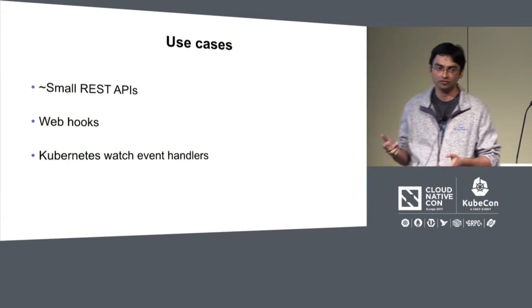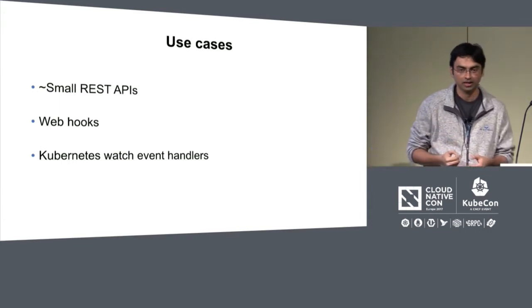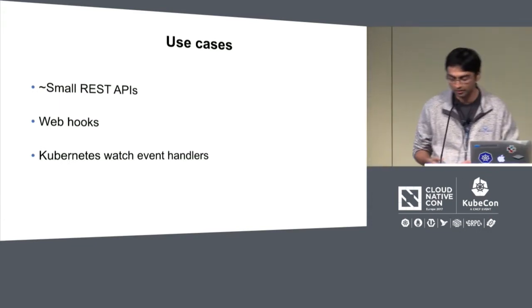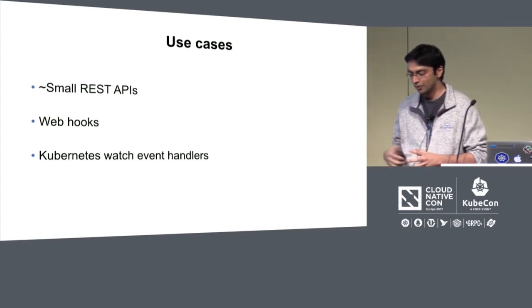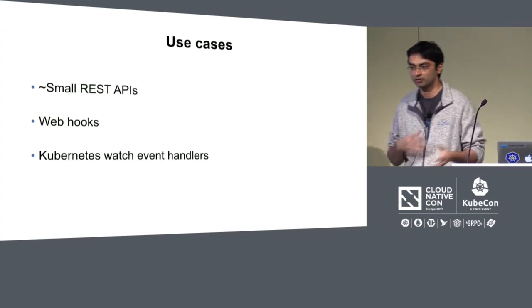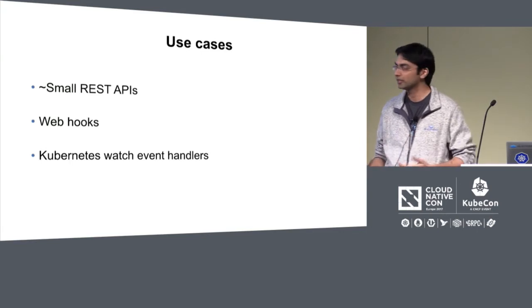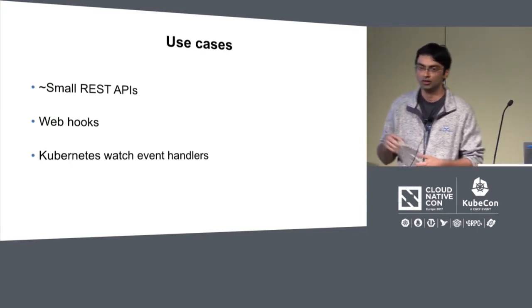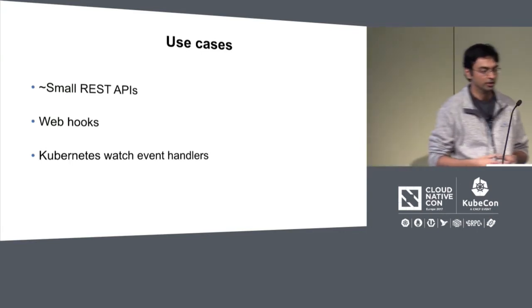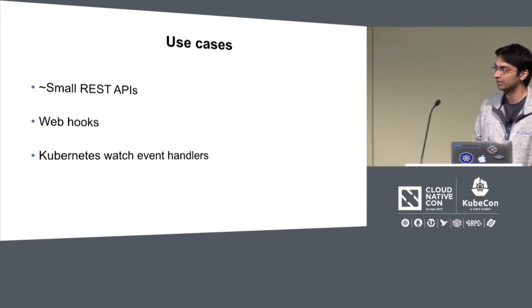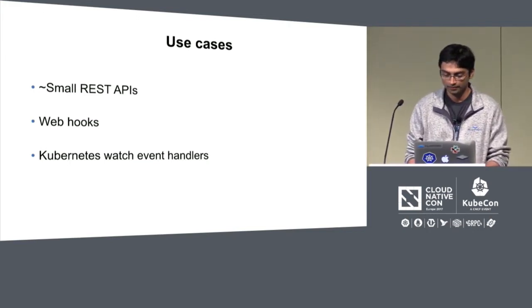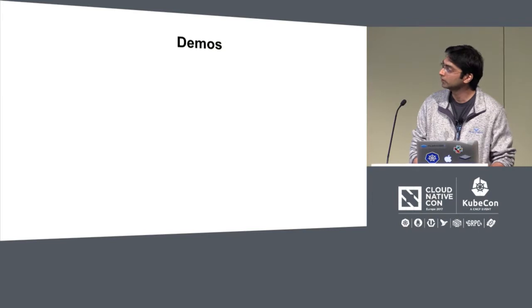And they're also really useful for writing Kubernetes watch event handlers. And we'll talk about that in a bit. But Kubernetes watches today require you to use one of the client libraries and write a pretty significant amount of code to keep track of some sort of Kubernetes resource. So you can do that pretty easily with Fission. So let's move on to a few demos.